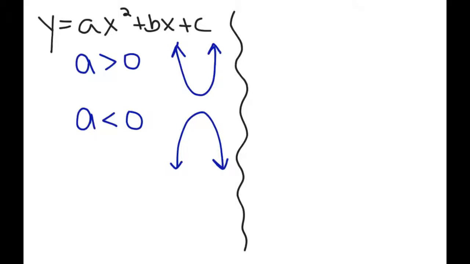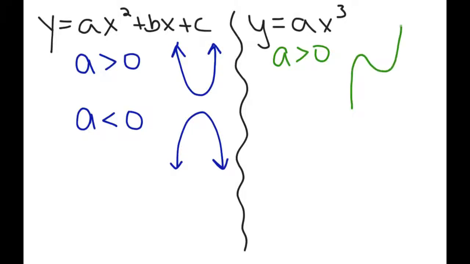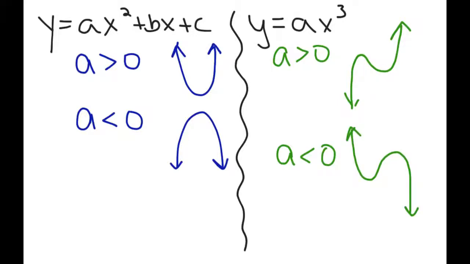For cubic functions, this is just a generic cubic function. If the coefficient in front of a cubic function is positive, the graph will go up from left to right. That's very important to note, from left to right. And if the leading coefficient is negative, the graph will go down from left to right.